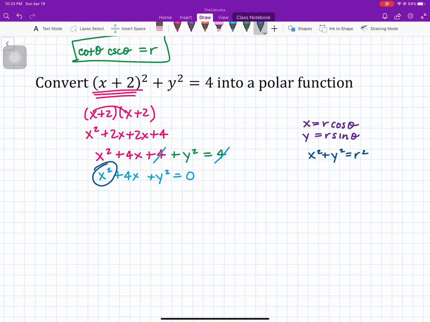So notice you have an x squared and a y squared. So that together makes r squared. You could replace them with sine and cosine and eventually get to the same answer, but it's a lot more work. And then we have plus 4 times, that's an x, so that's r cosine theta.